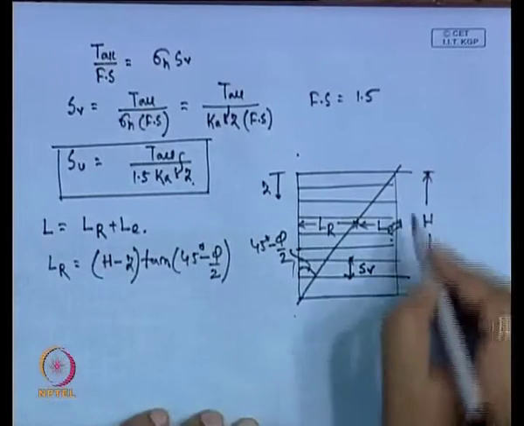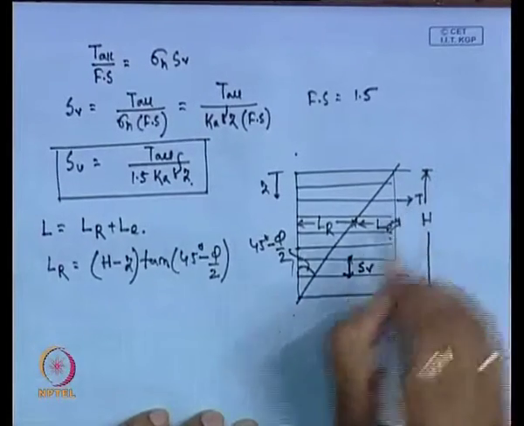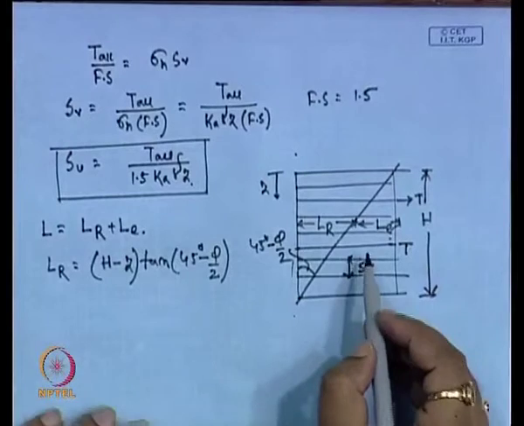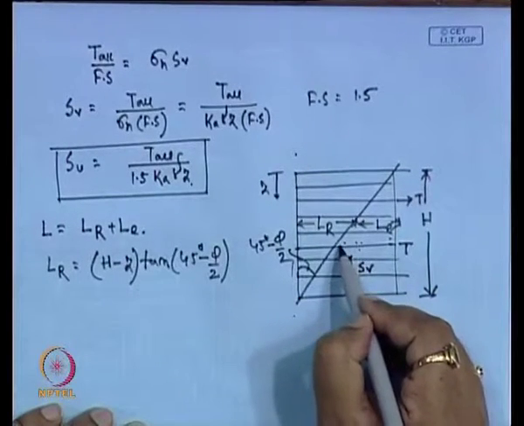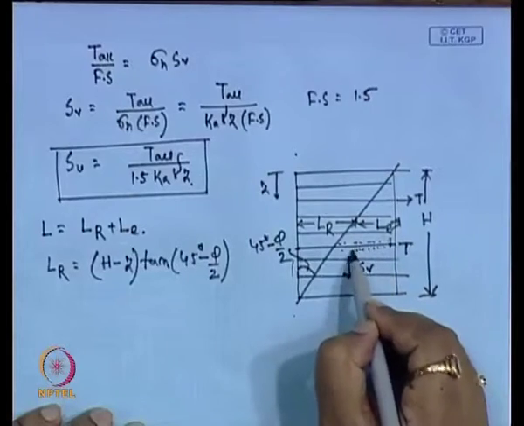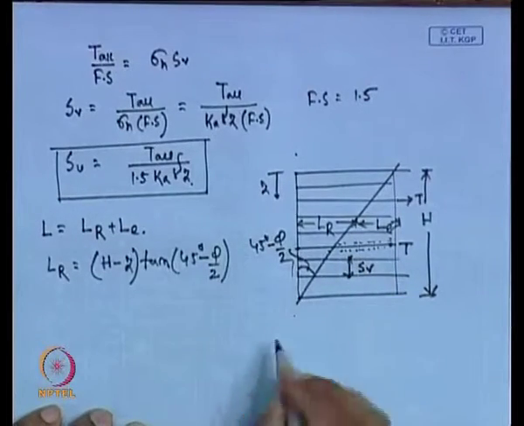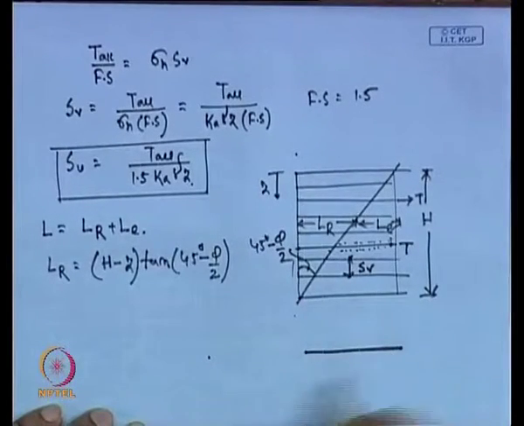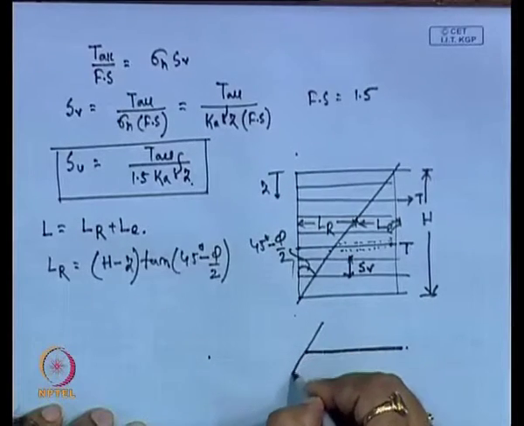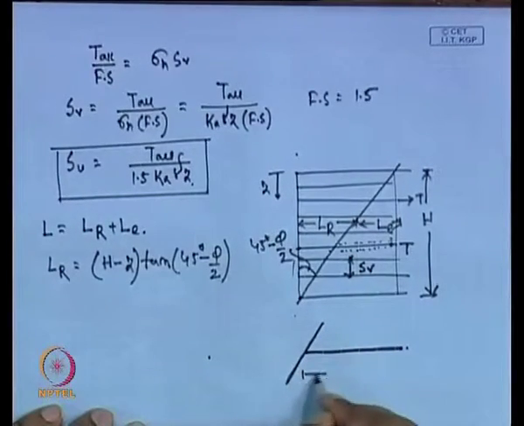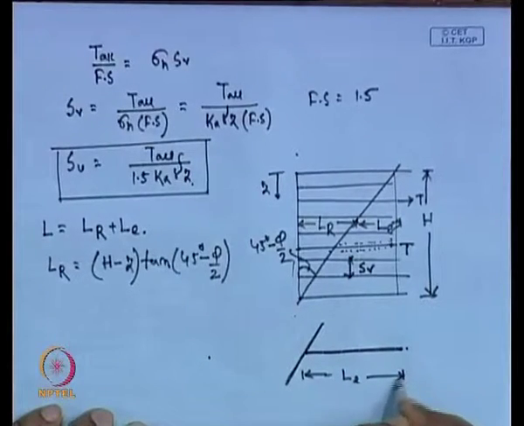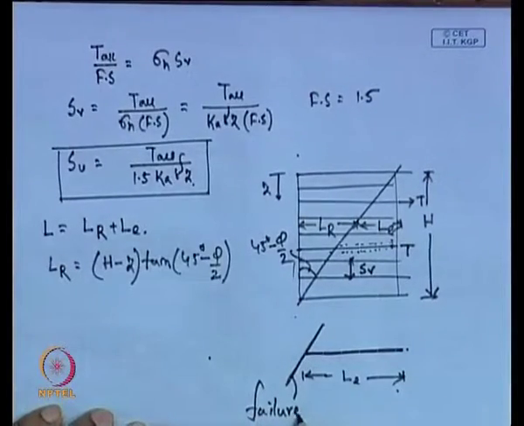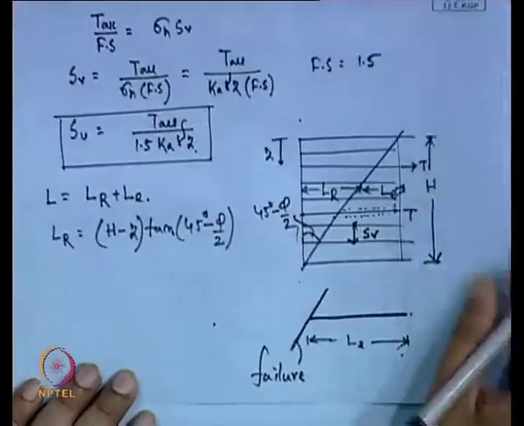Now, when you are talking about the mobilized tension that is developed, L e is basically the anchorage length. That means the resistance that we are getting is because of the interface action of the soil and the geosynthetic. Now, if I draw a particular soil geosynthetic section, this is the line, this is L e beyond the failure surface, this is the failure line.